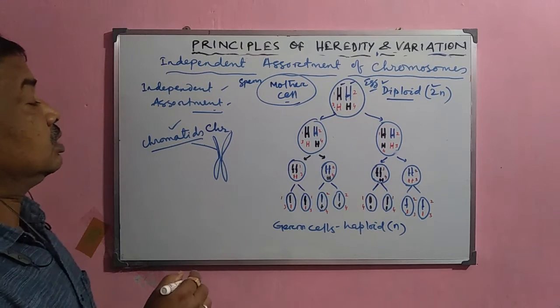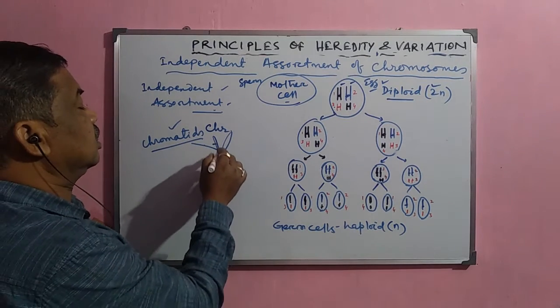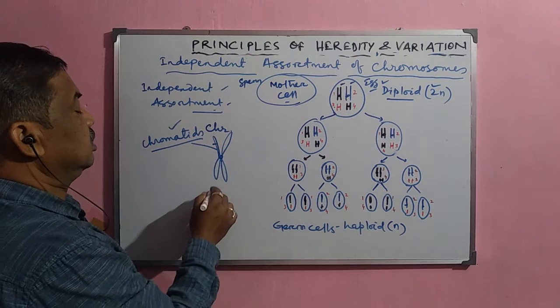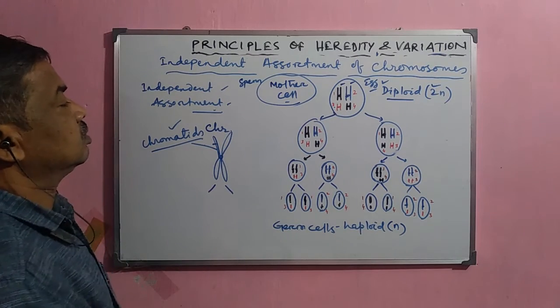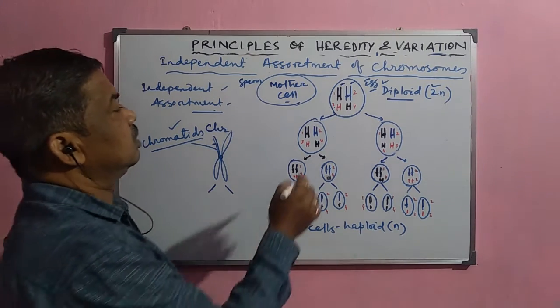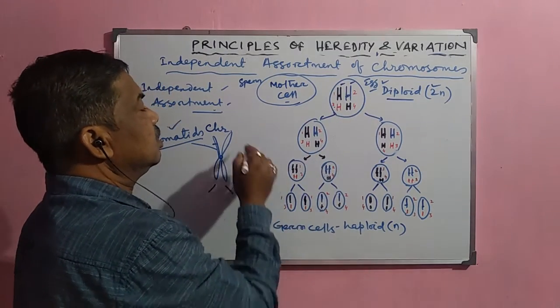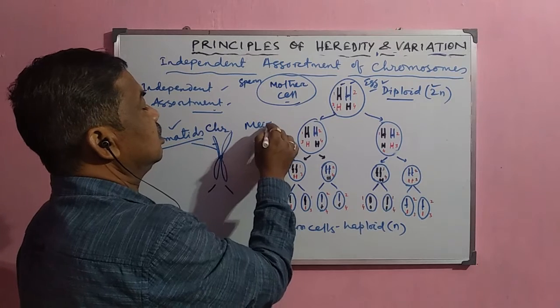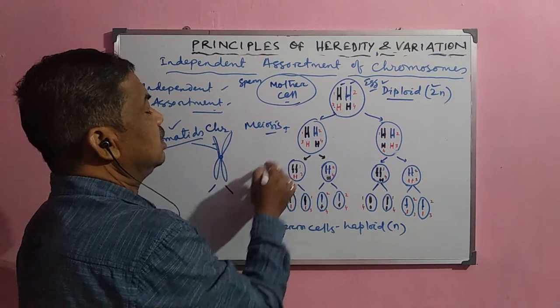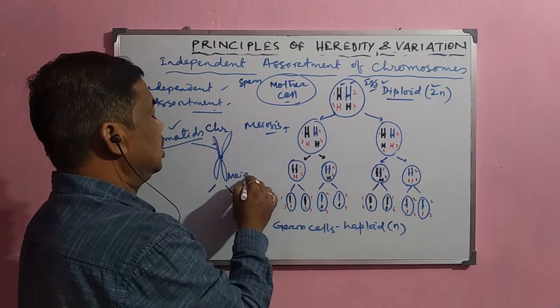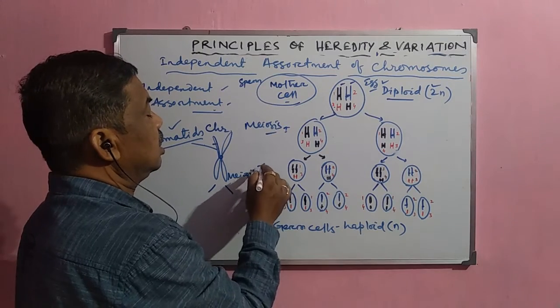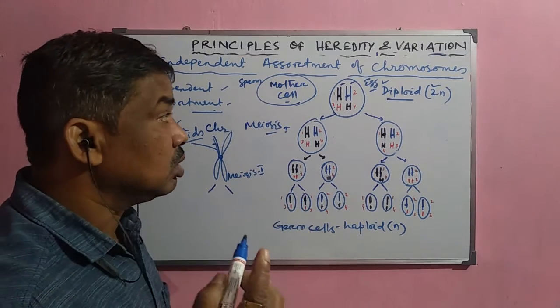These chromatids normally separate from one another during gamete formation. So these chromosomes are separated during meiosis, which has meiosis 1 and then meiosis 2, and during this, pairing of the homologous chromosomes occurs.